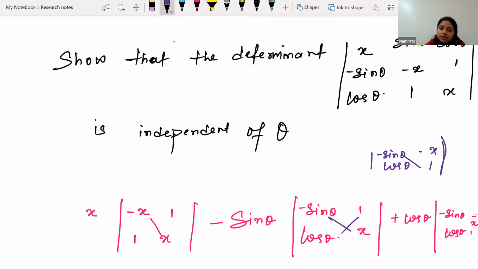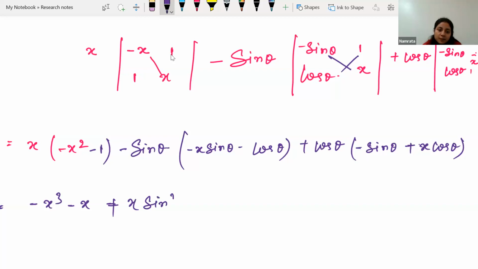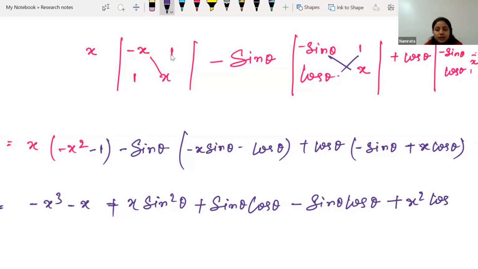So it will give us minus sine theta and plus x cos theta. Let's simplify it. So we will have minus x cube minus x, minus minus plus, that is plus x sine square theta, then minus plus sine theta cos theta, then minus sine theta cos theta plus x square cos square theta.